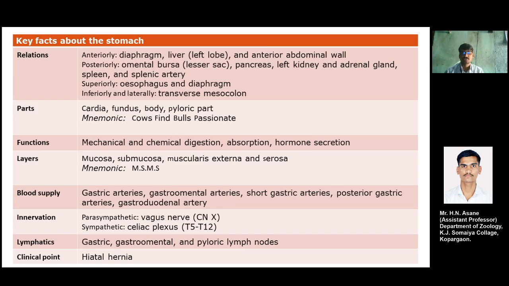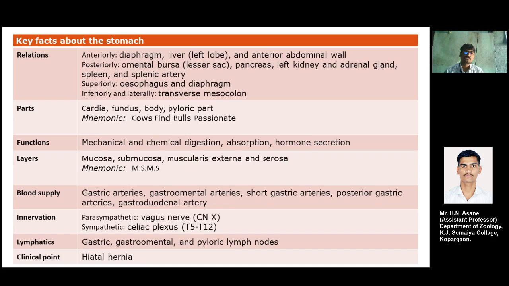In the previous session we have seen the stomach, its relation to the neighboring organs, and the parts of the stomach: the cardiac region, fundus region, the body of the stomach and the pyloric region.